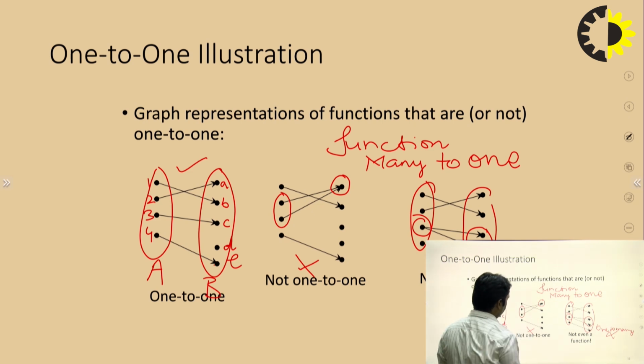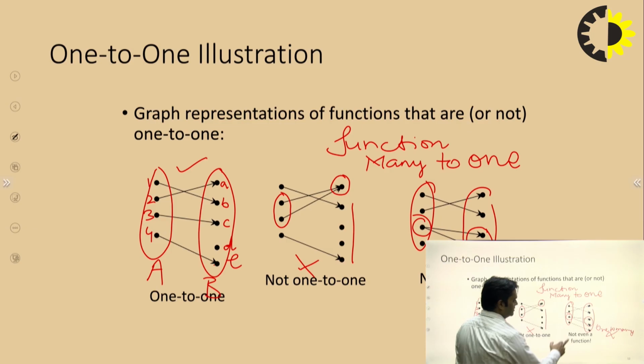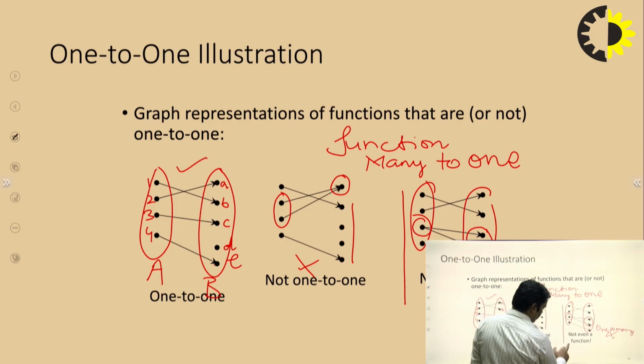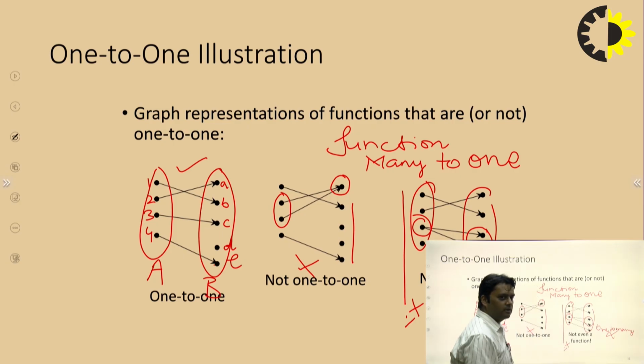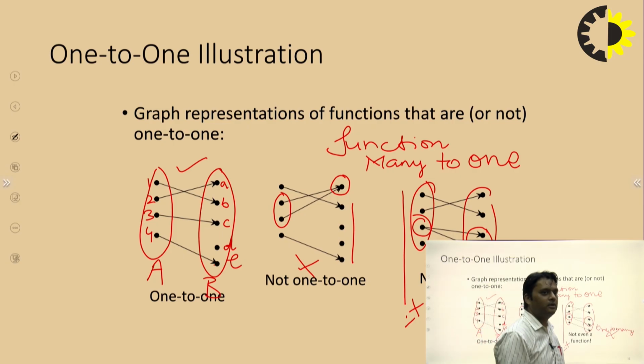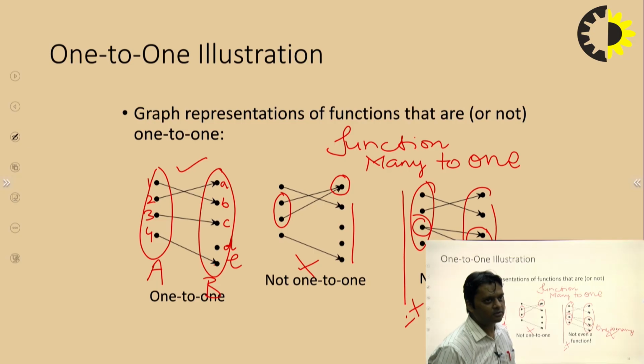This is a function but not one to one. This one is a function but not a one to one function, and this diagram is not a function. If it is not a function, then we do not need to find out whether it is a one to one function or not.